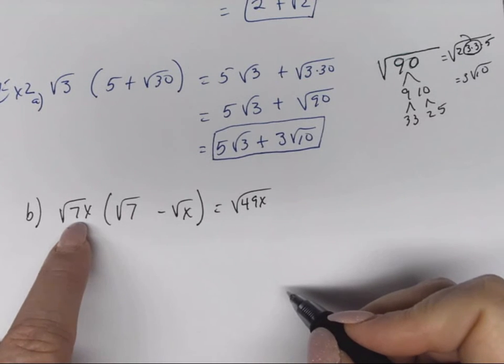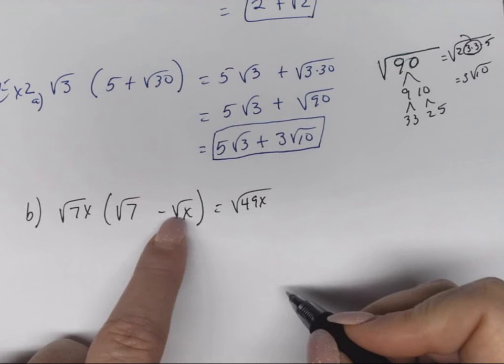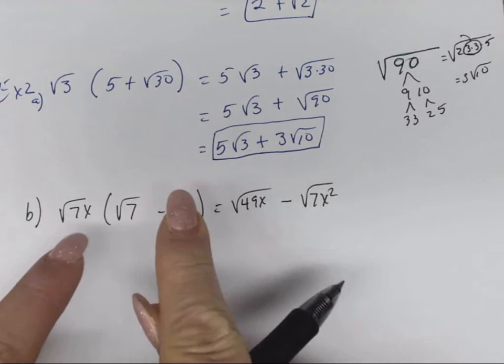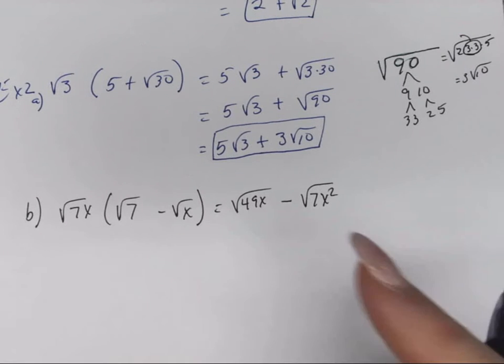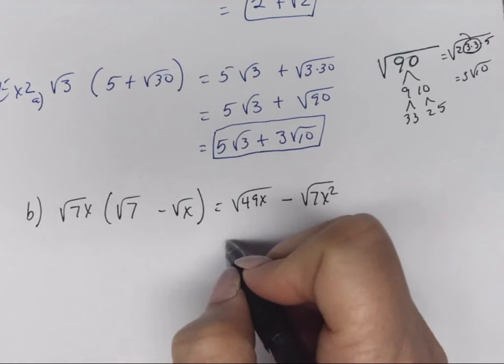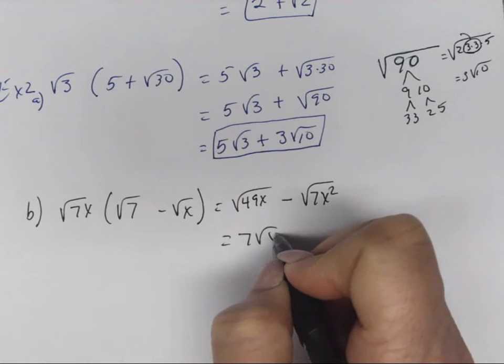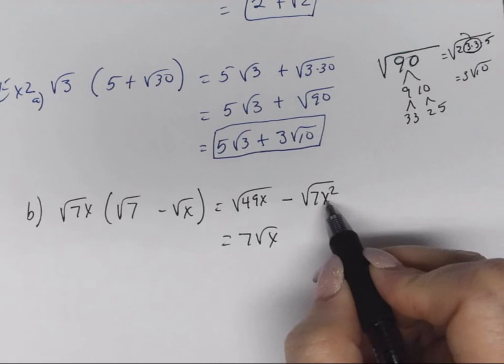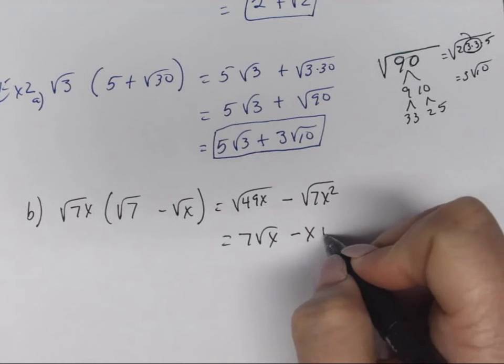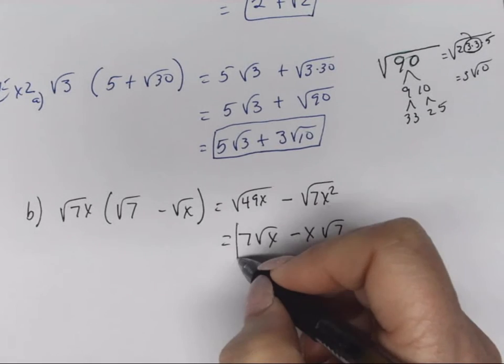Square root of 7x times the negative square root of x gets us minus the square root of 7x squared. So we're just multiplying our insides. Well, the square root of 49, that's a perfect square, so we'll end up with 7 square roots of x. And x squared is a perfect square, so we end up with minus x square root of 7. And that would be your final answer.